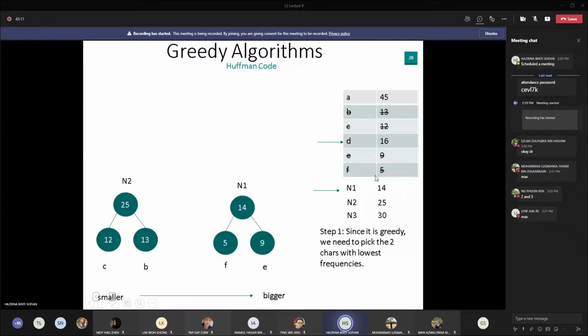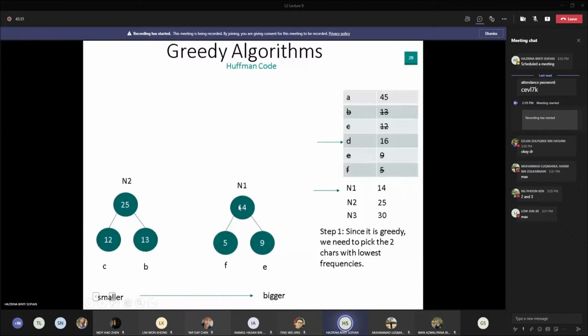So we pick the smallest 2. Currently we have 45, 16, 14, 25 and 30. You can see here the smallest is 14 and 16. 14 is the N1. Okay, so this is N1.